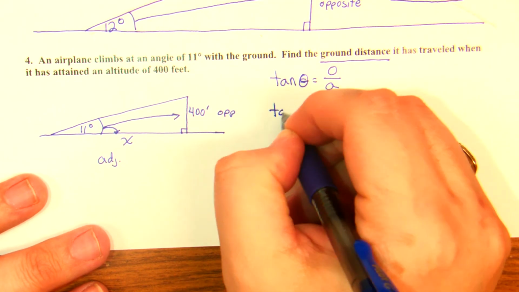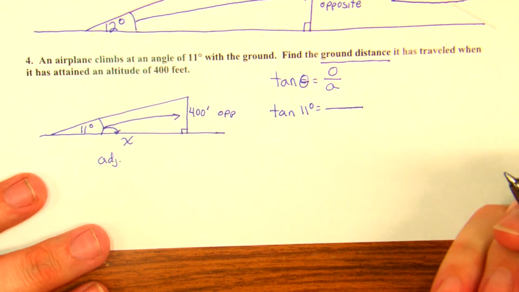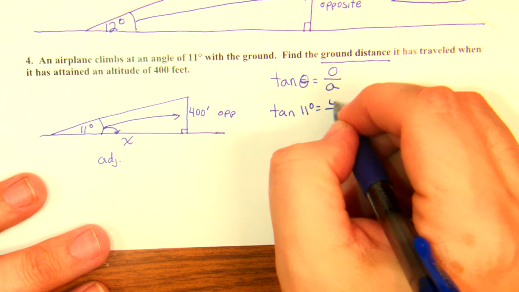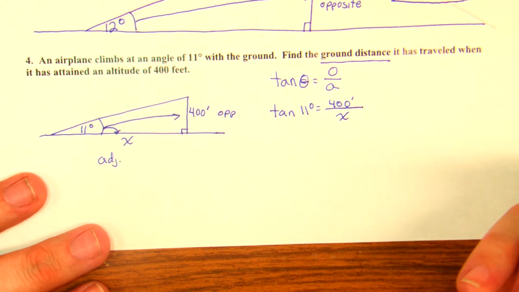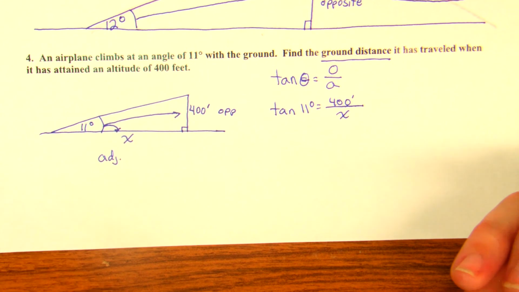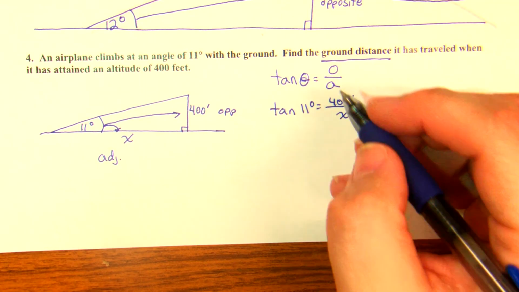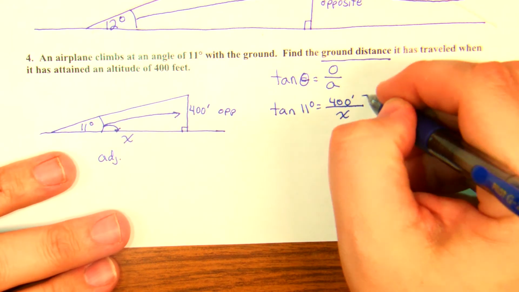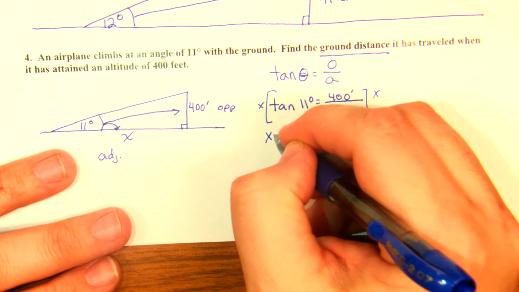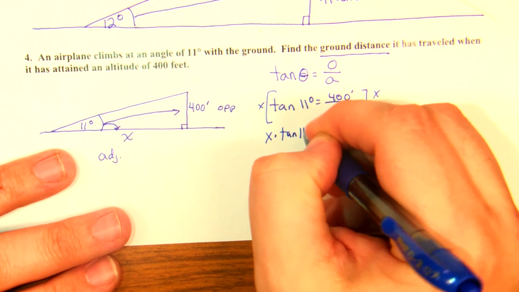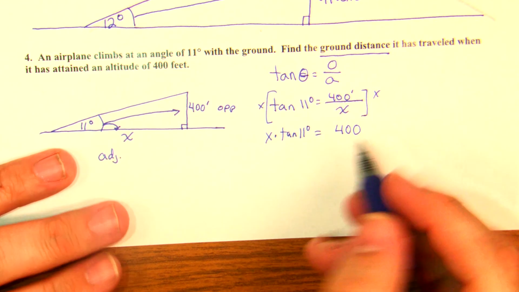What's the opposite side? 400 feet, and that's over x. Now the algebra says if we multiply that side by x and multiply that side by x, we get x times the tangent of 11 degrees is equal to 400. And then you have to divide by the tangent of 11 degrees.